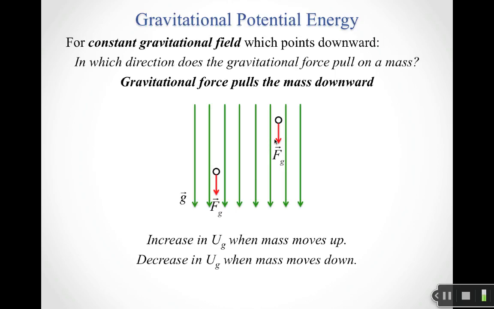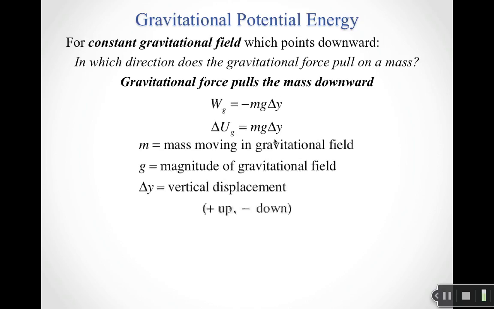So when the work done by the gravitational force is positive, i.e. the mass moves down, then you decrease the gravitational potential energy. If you move the mass horizontally so that it stays at the same height, then you're not doing anything to change the gravitational potential energy. It stays with whatever value it has. So conceptually, it's very easy to think about whether I'm increasing or decreasing the potential energy simply by thinking about whether I'm raising or lowering my mass.